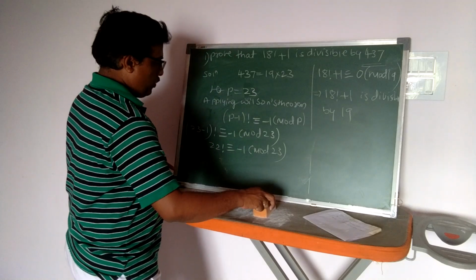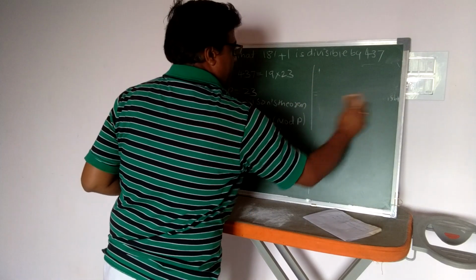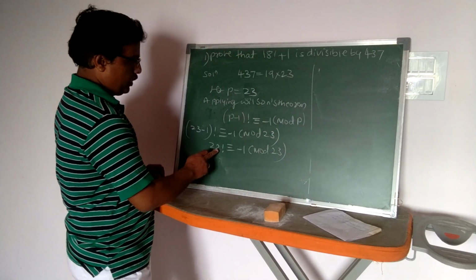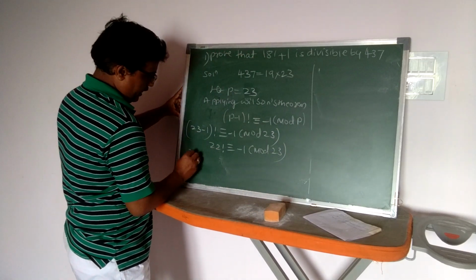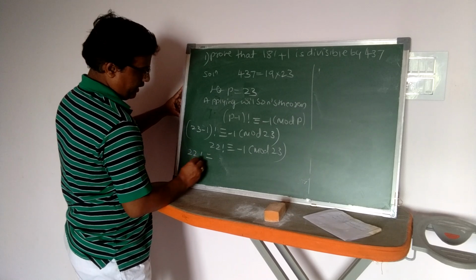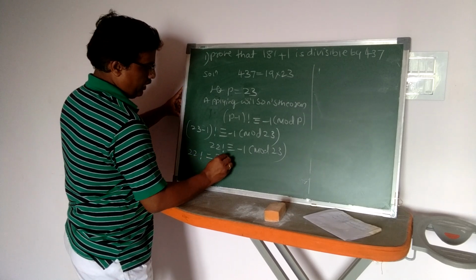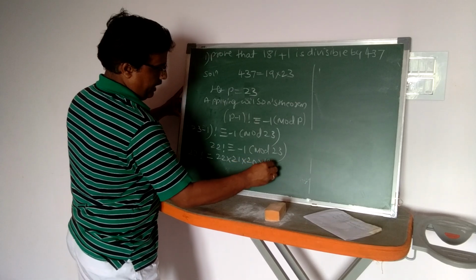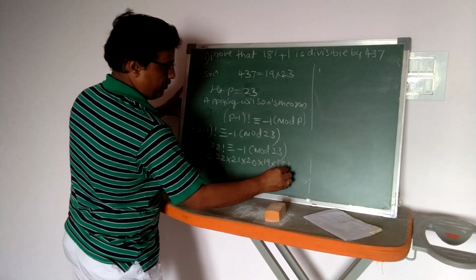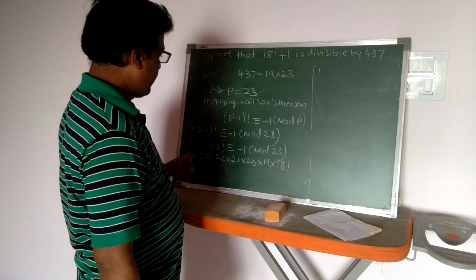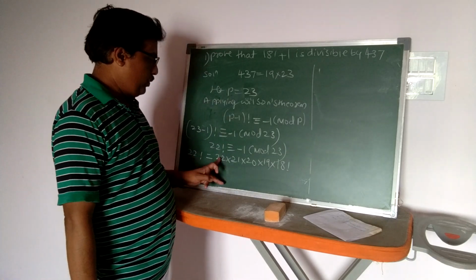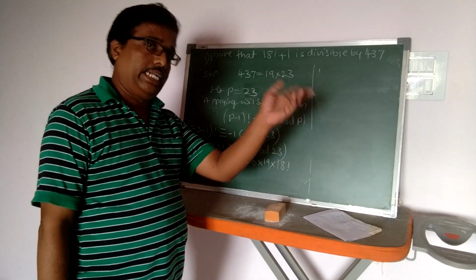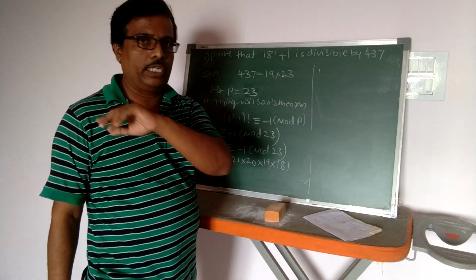So okay, now here we have 18 factorial. So now we write 22 factorial. 22 factorial can be written as 22 into 21 into 20 into 19 into 18 factorial, right? We can write 22 factorial as 22 into 21 into 20 into 19 into 18 into 17 into 16 into 15 and so on up to 3 into 2 into 1.